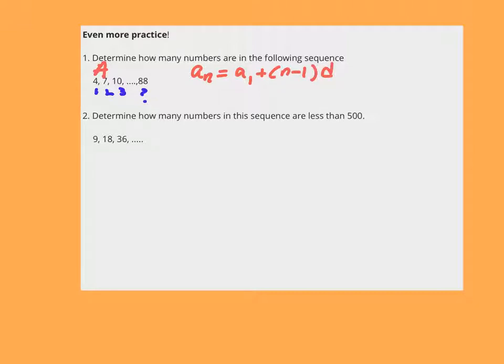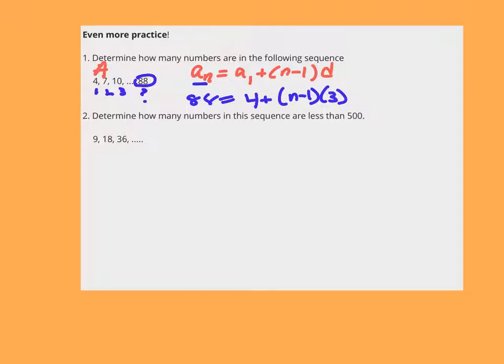So I'm really trying to find the position of 88. So I'm going to say that this is my ending term, and so I'm going to substitute 88 in for my a sub n. So I have 88 is equal to the first term, which is 4, plus n minus 1, I don't know what that is, and then my d value, I said I was adding 3 each time. So then I'm going to need to simplify.